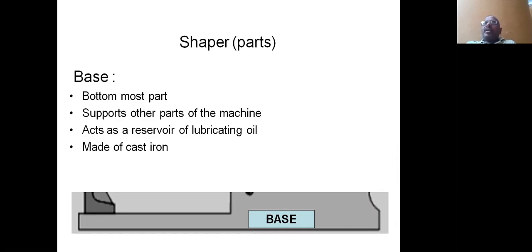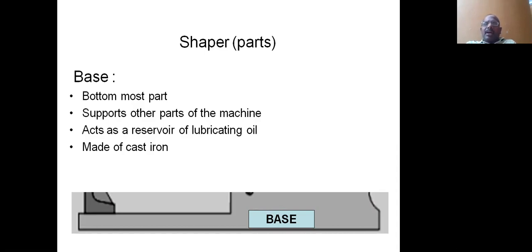So generally, the main important function of the base is that it has the capability to absorb the vibrations produced during the operation. Now, if this base is made with cast iron, what happens? The first thing is, it is very easy to cast.